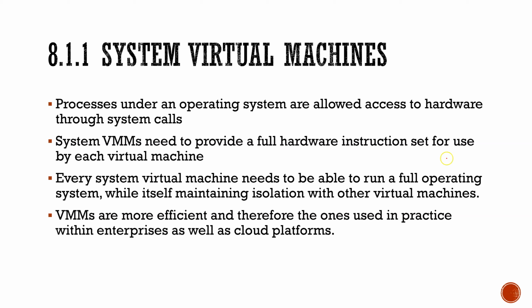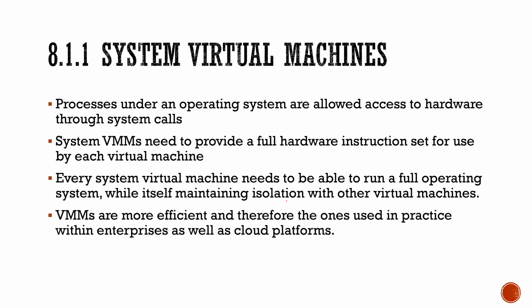Every system virtual machine can run a full operating system while staying isolated from other virtual machines. And because virtualization allows each user process to access system resources oblivious of other processes, this concept is referred to as virtualization.